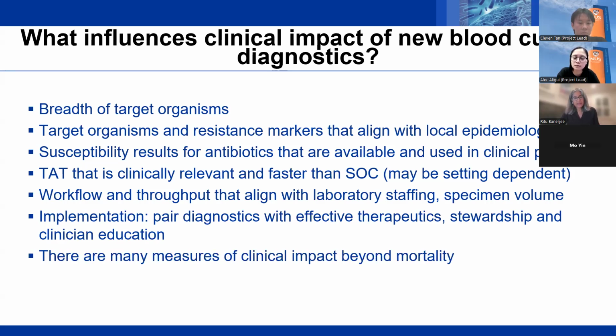And lastly, I do want to emphasize that we've learned through the FAST trial and others that we've conducted that there are many measures of clinical impact beyond mortality, which is the holy grail, but really a challenging outcome to impact. So with that, I will end. Back to you, Alec. Thank you for your time.